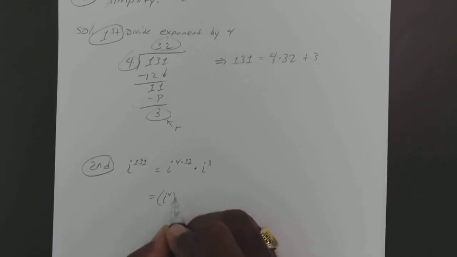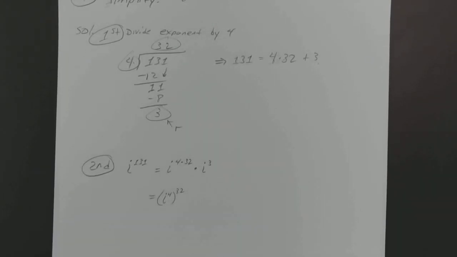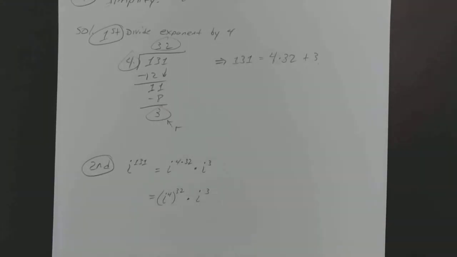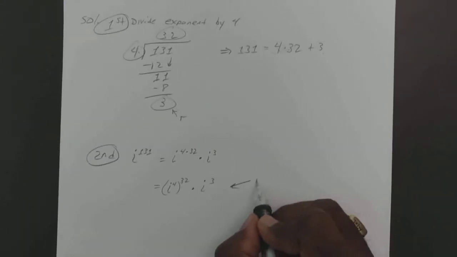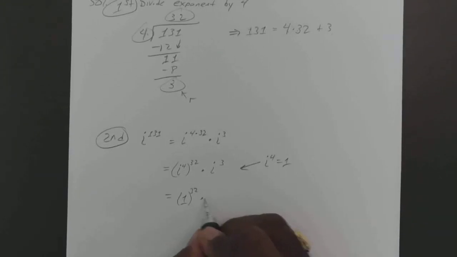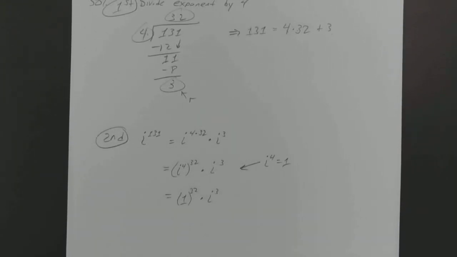So we could rewrite this one as i to the 4th power, raised to the 32nd power, times i to the third. We know i to the 4th is equal to 1. So that gives us 1 to the 32nd power times i to the third.